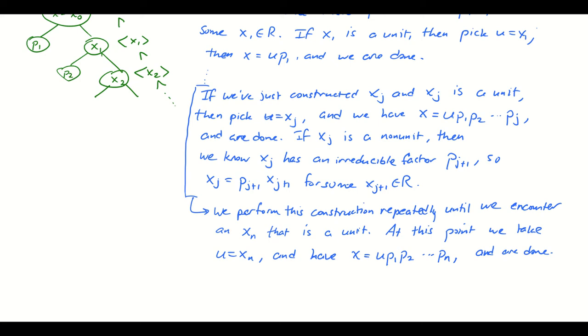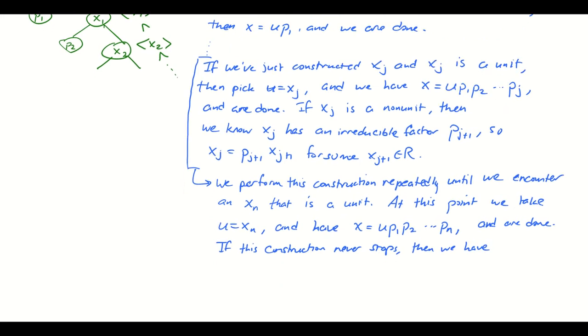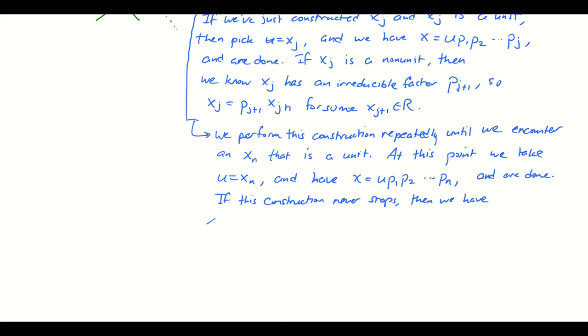What if it doesn't stop? If this construction never stops, then we have the following. We have an ascending chain of ideals, (x0) strict subset of (x1) strict subset of (x2) strict subset of, well, you get the rest.